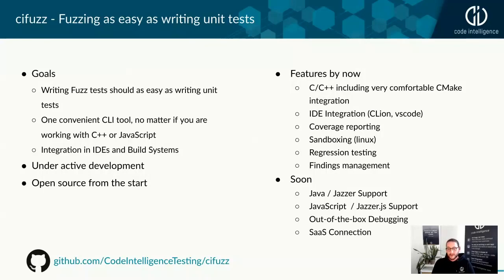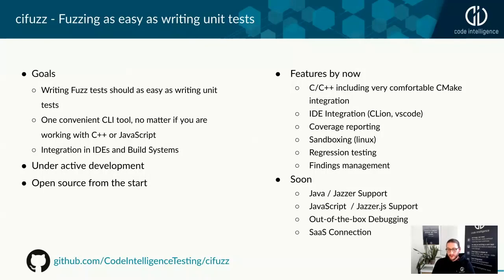Then CI Fuzz by now supports coverage reporting. You can see how much of your application was actually covered during a fuzzing run. We have sandboxing under Linux based on Minijail. We have regression testing already implemented and the management of findings.